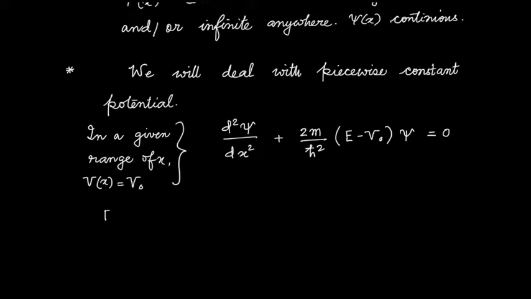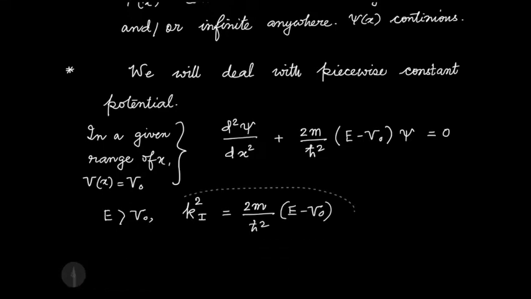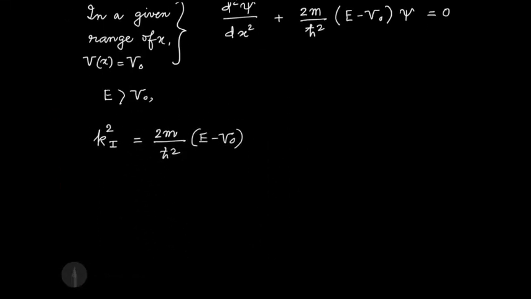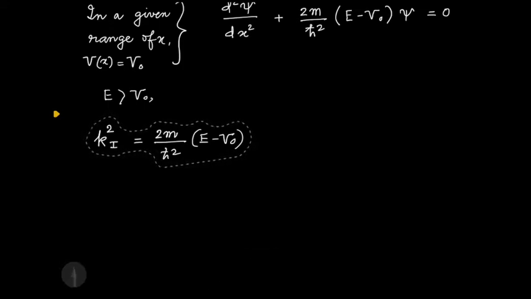And we looked at two cases for this. So one is E greater than V0. So let's call this thing as K1 square. The general solution in this case, so let me make a little space because we'll need it. The general solution in this case is psi.